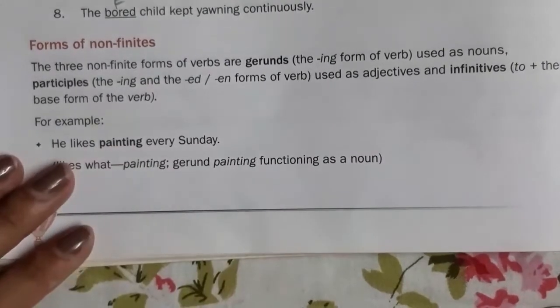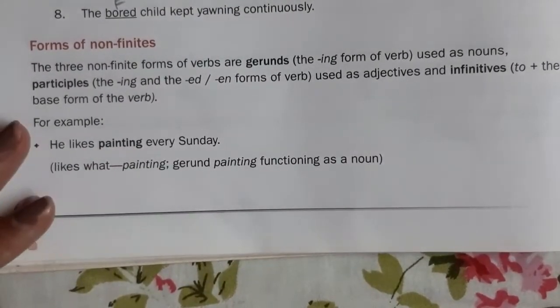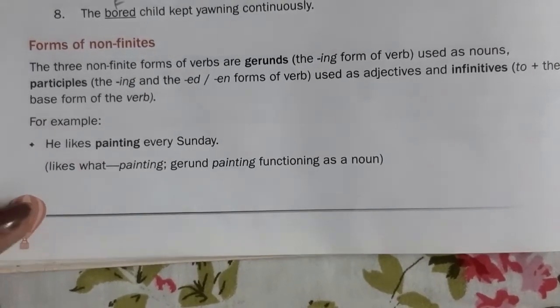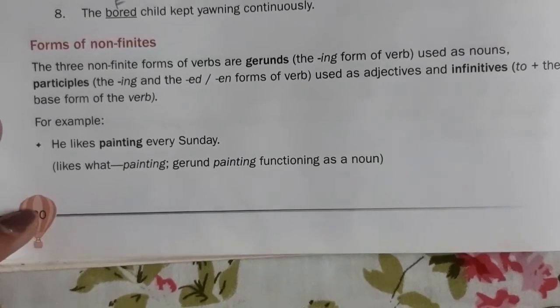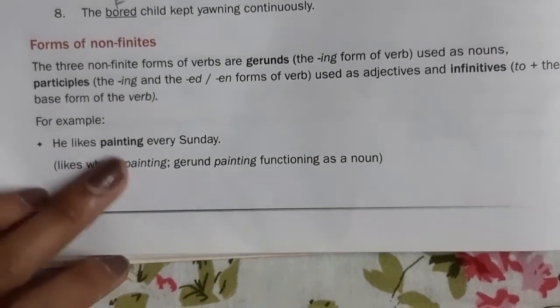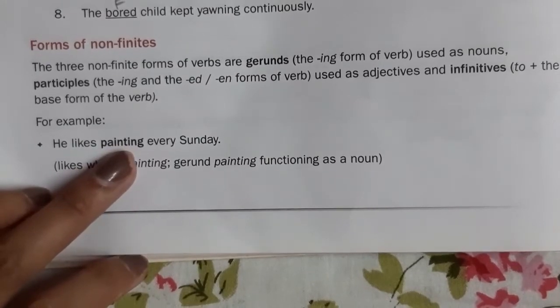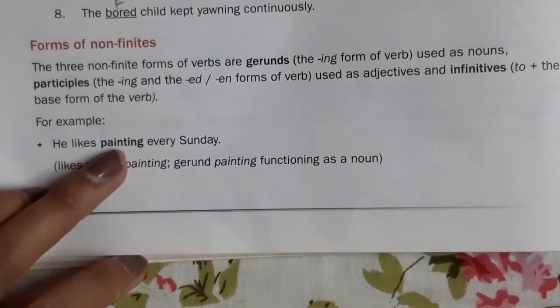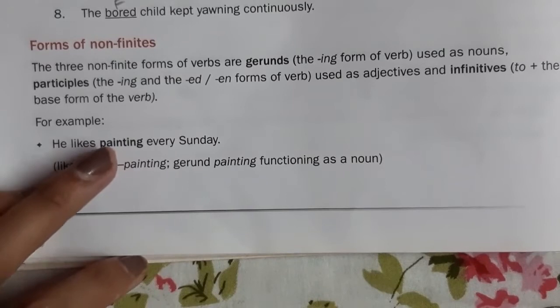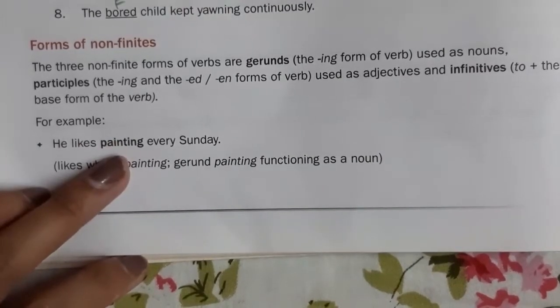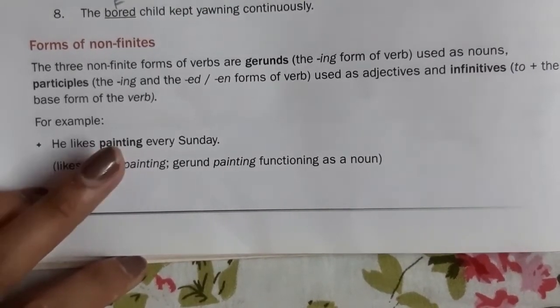Whenever you get the answer for the question what, that answer will always be a noun. He likes painting means you are giving the name of something. Name means noun. So this noun is a gerund, and gerund is made up of verb plus ing. So this is the example of gerund.